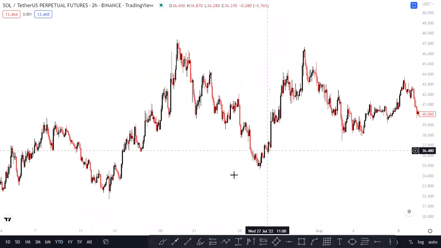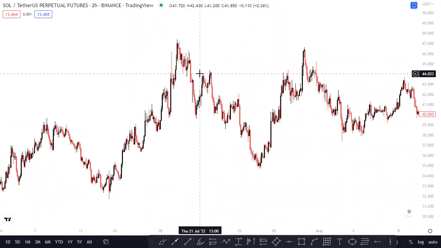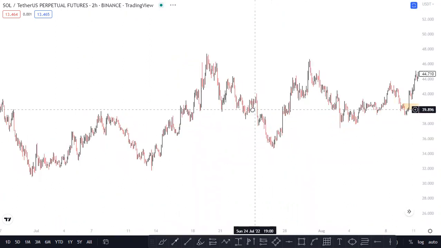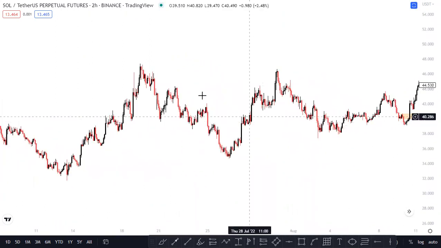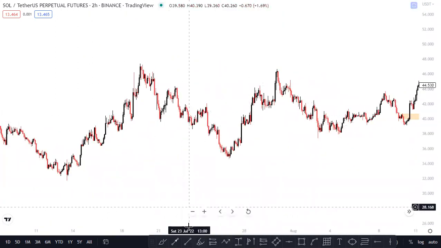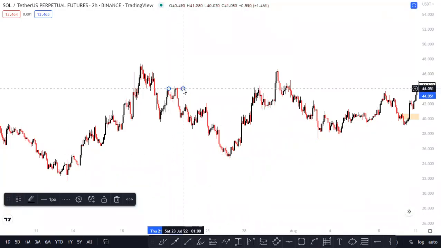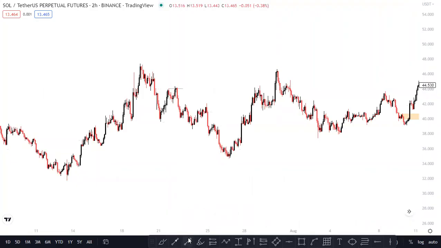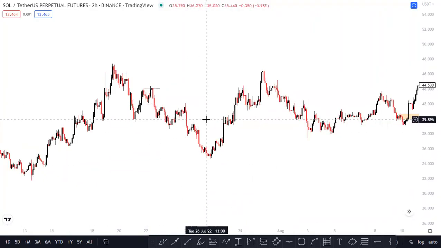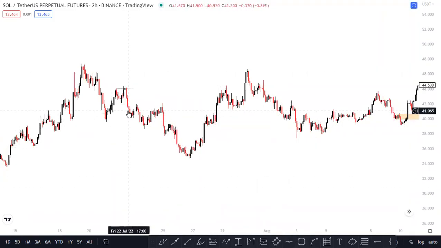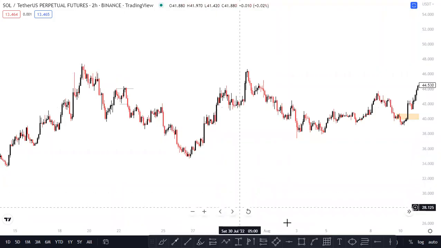So we clear this high, right? And after that, we clear the low, this other low, right? This was just how this one formed, and price cleared the high and the low, right?